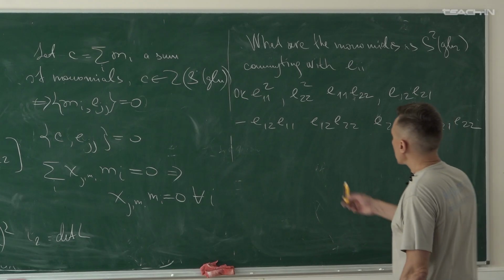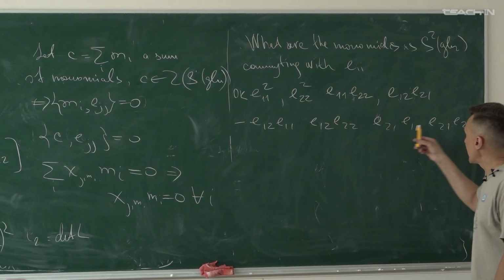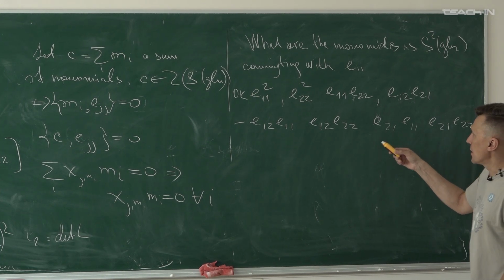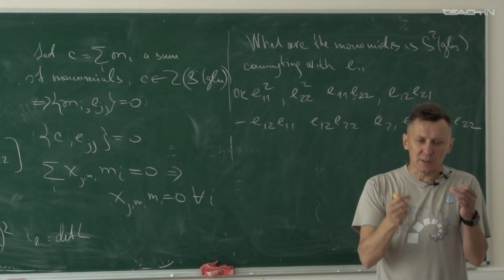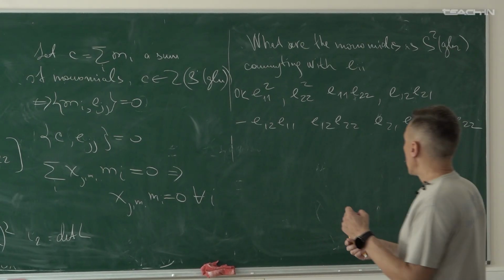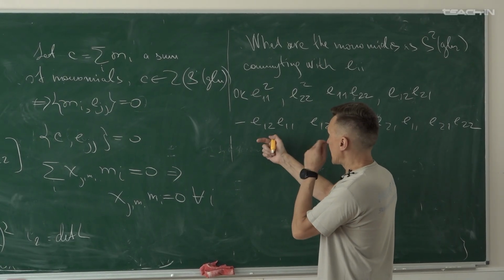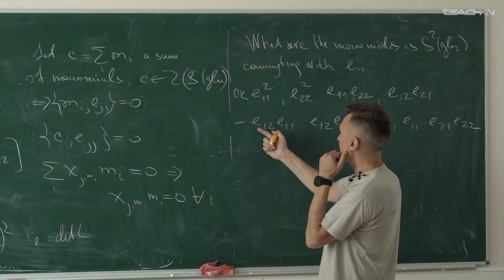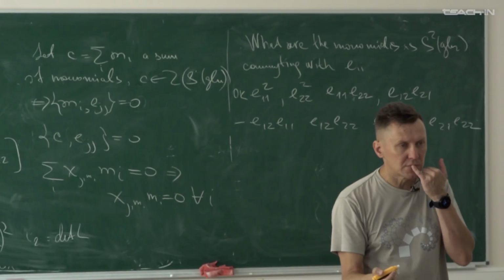When we calculate the Poisson bracket of such elements with the diagonal elements, we can keep in mind that the diagonal elements commute between themselves. But for each diagonal element, there is a linear non-diagonal element which doesn't commute with it.